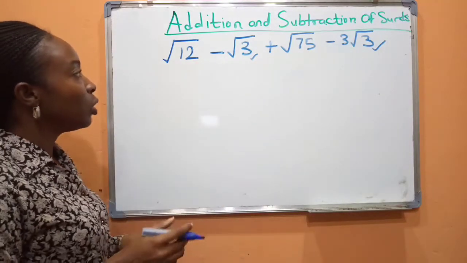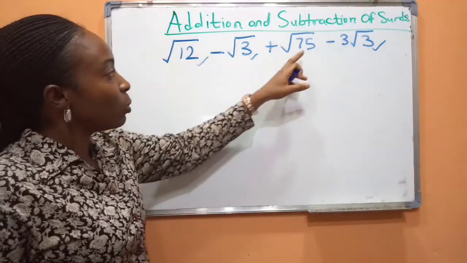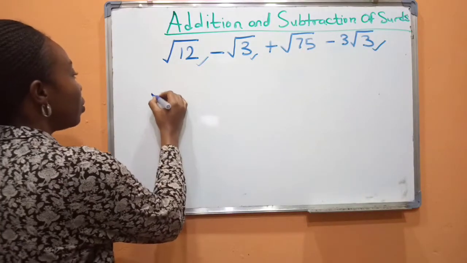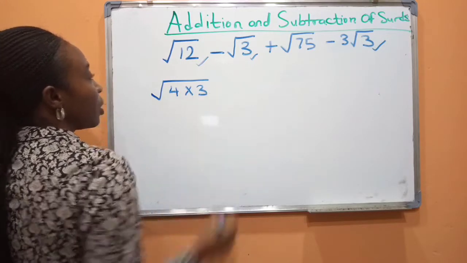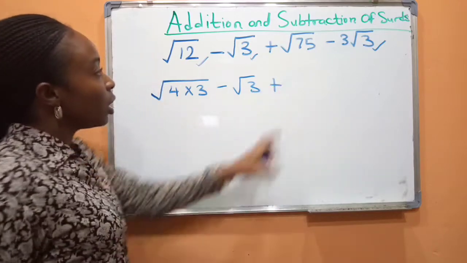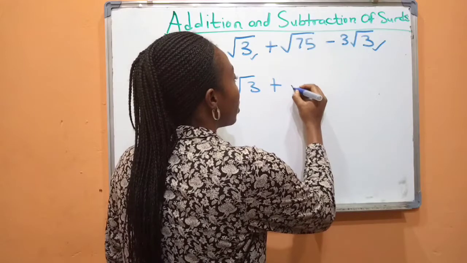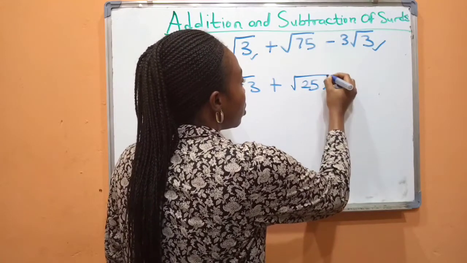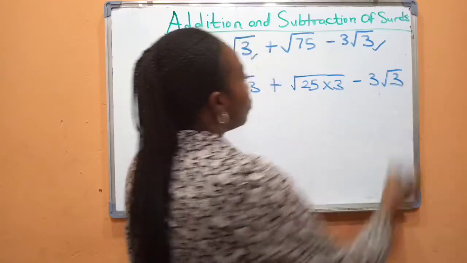So you would know that definitely 12 must have a factor of 3 and this must have one of its factors being 3. So here, simplifying this, we're going to have 4 times 3. Then we have minus root 3 plus, then here we're going to have 25 times 3, minus this 3 root 3.